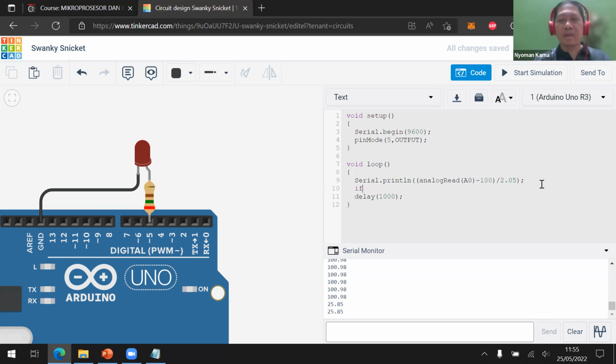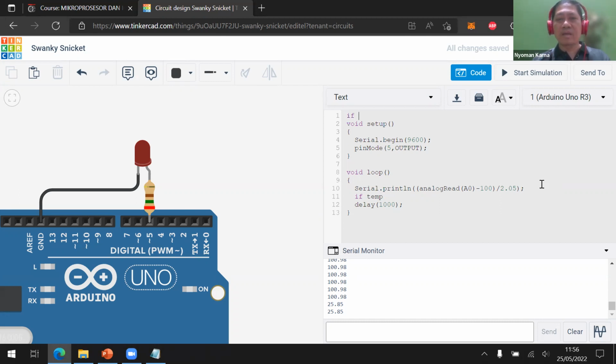Now, if something, okay, so then I need a new variable. It's in C style, integer temperature. So temperature is equal to this one.